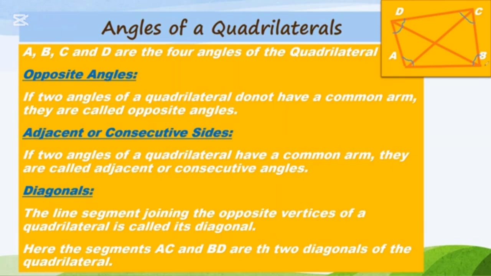So the arm is not common. Therefore, angle A and angle C are opposite angles. In the same way, according to this diagram, angle B and angle D are the opposite angles, right? Clear?